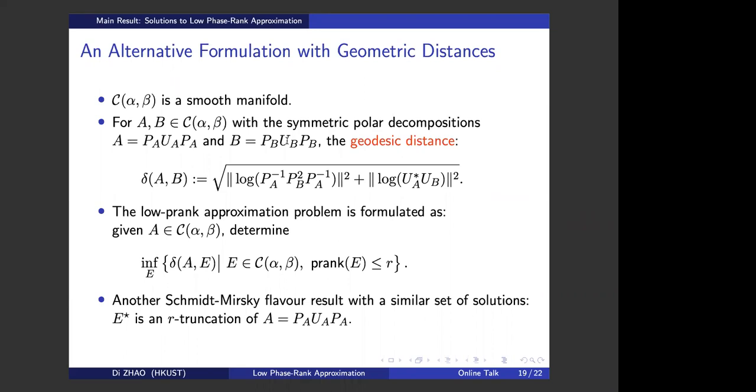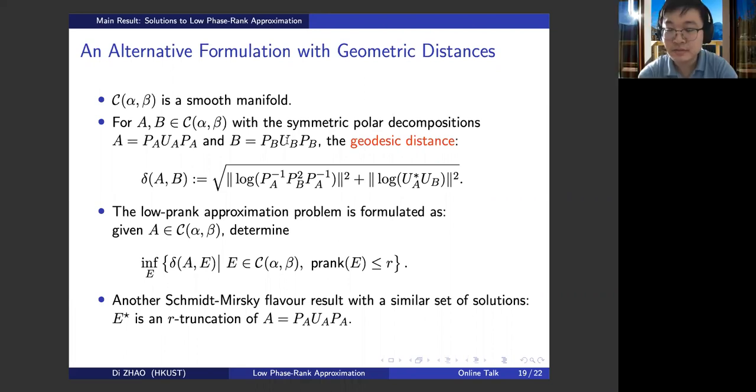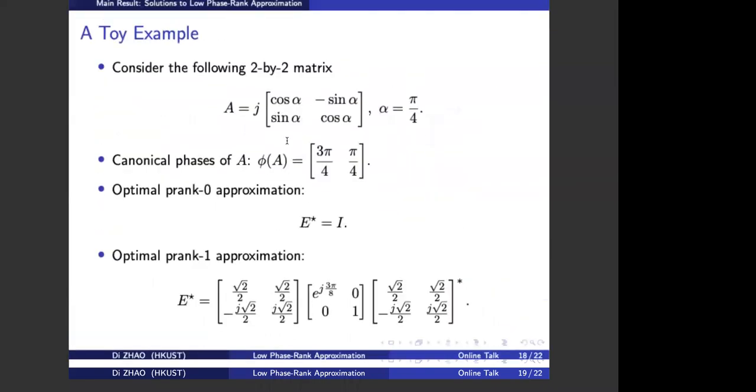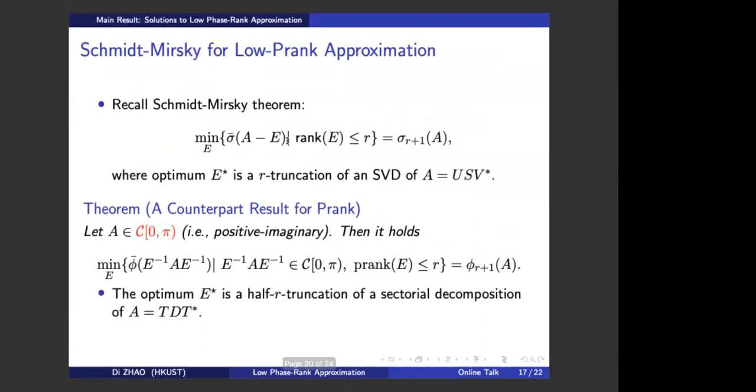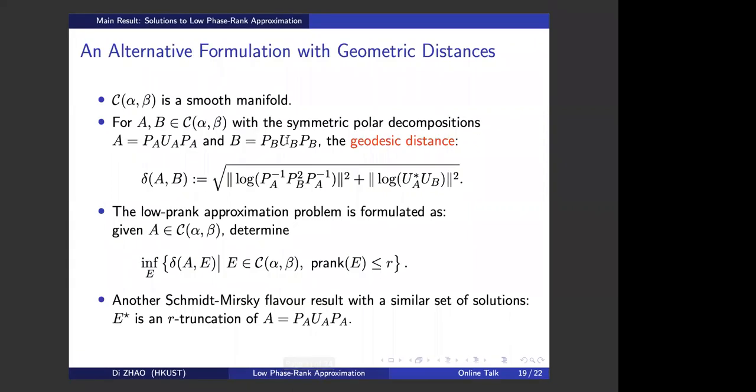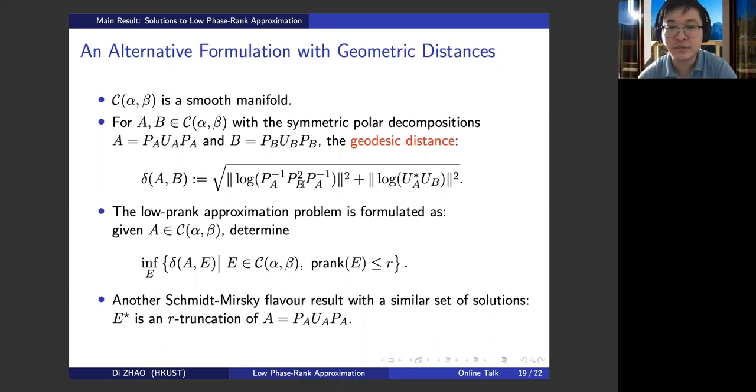In this case your matrices are not necessarily symmetric, is that right? You mean the rank 0 approximation? Well, the original matrix is not necessarily symmetric. The matrix is not symmetric. The other thing here is that the geodesic distance probably is not the same as the Frobenius type distance that people use for projecting onto the positive semi-definite cone. So this geometry may be different from the Euclidean distance geometry.